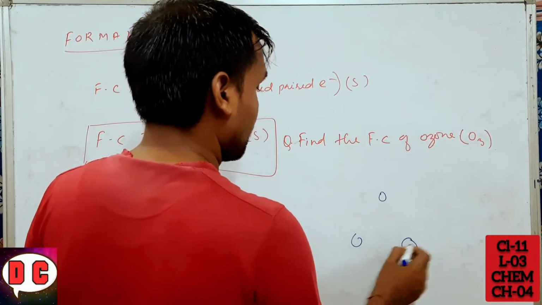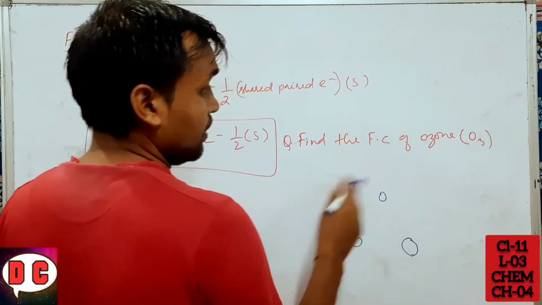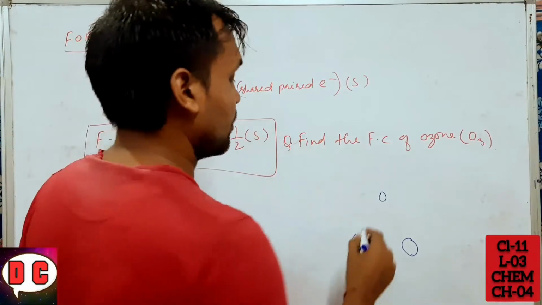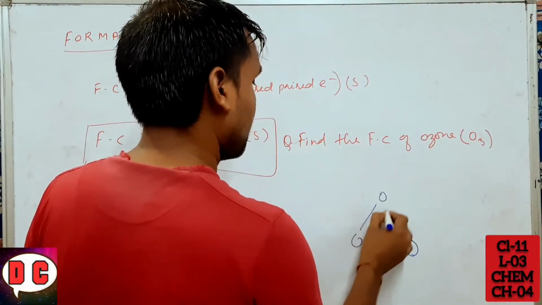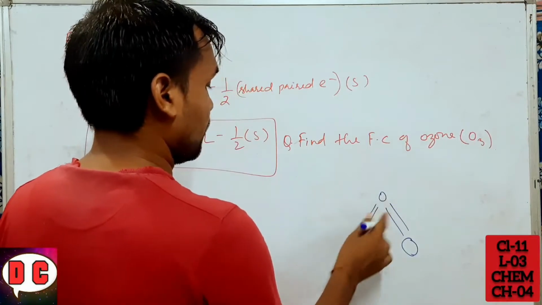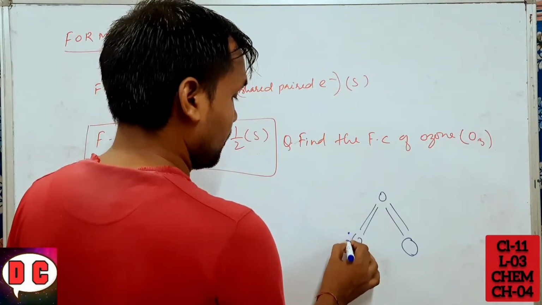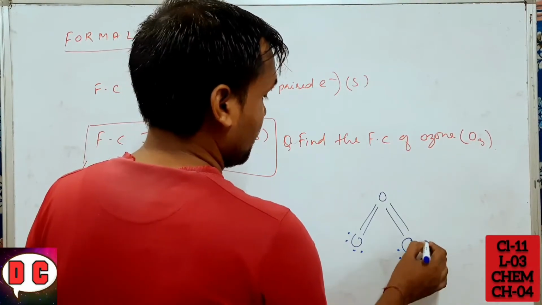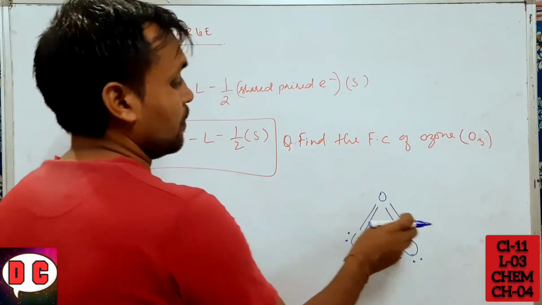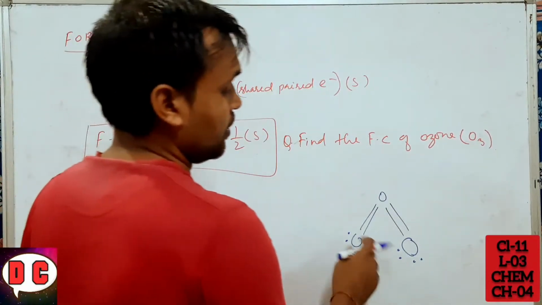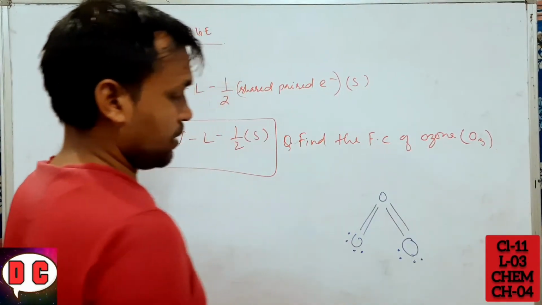This is oxygen, and here it will be 6 to 18. Here it will be a double bond, and 2 to 4, 8. Here it will be 4, 4, 4, 4, 4, 4. So 4 and 4, 4 and 4, 8, and here it is 8. So 8 and 8, 16.